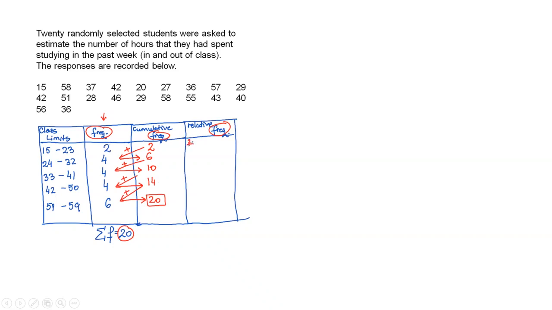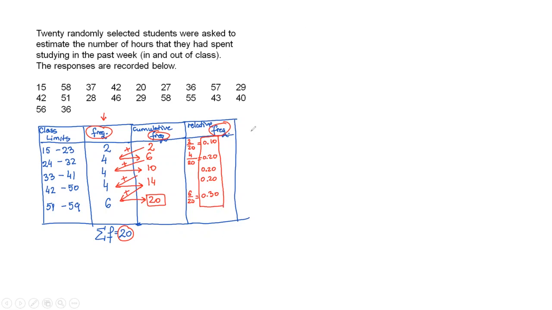So it's 2 out of 20, which is 0.10, 4 out of 20, which is 0.20. The next class will also be 0.20 because it's still 4, and 6 out of 20 is 0.30. You don't really need to show the work, you just need to state the percentages or the decimals. And this is the relative frequency column.